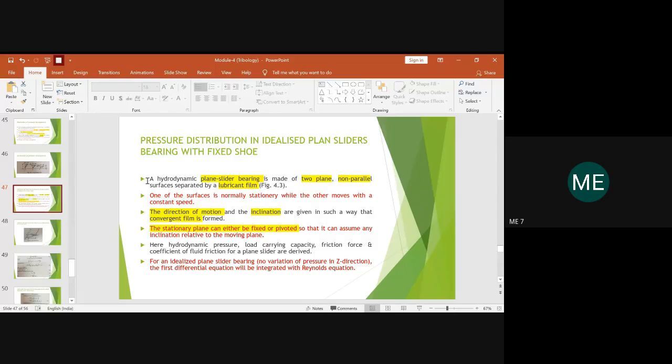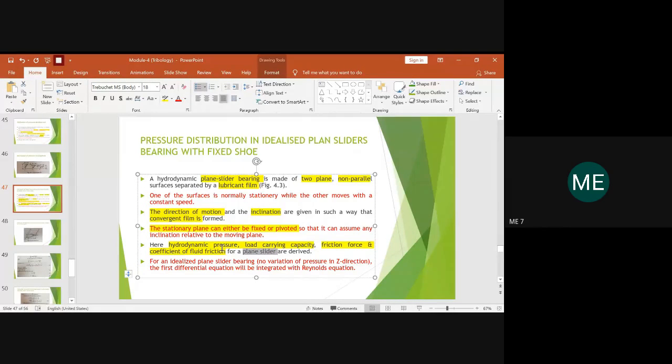Once these initial conditions are clear, we should start with determining the hydrodynamic pressure, the load carrying capacity, and the frictional force and coefficient of fluid friction which come across in a plane slider bearing, right?